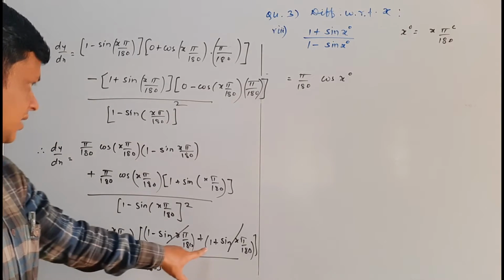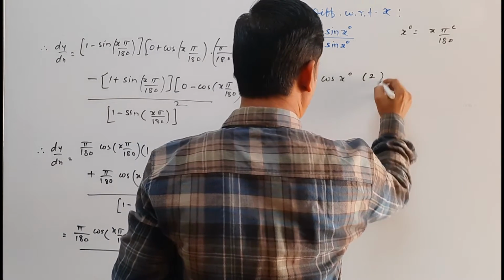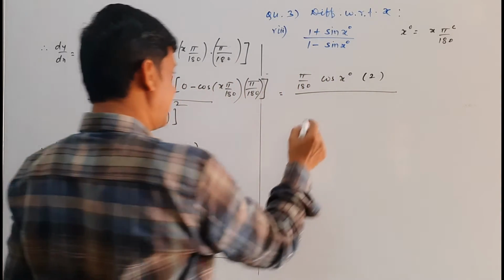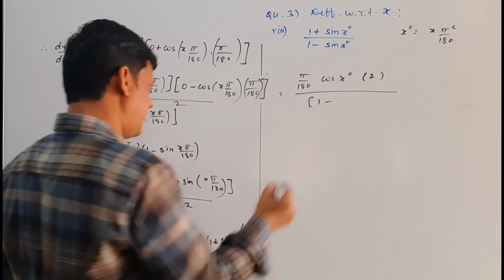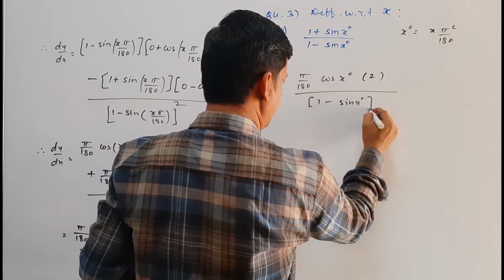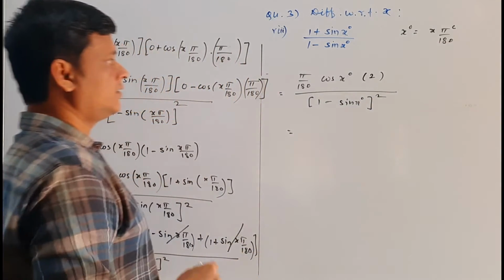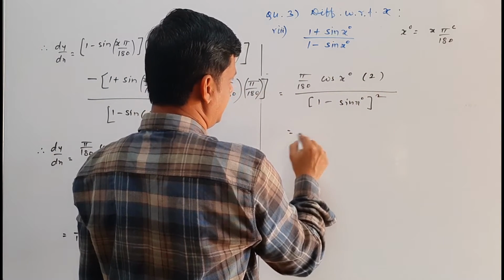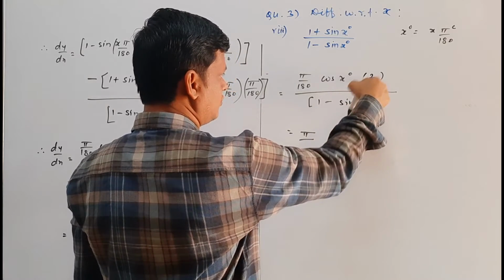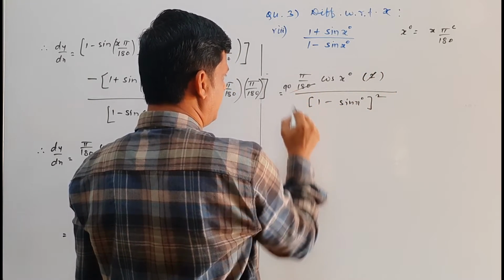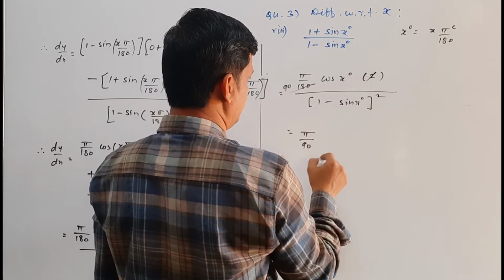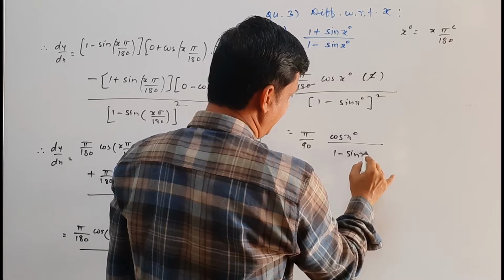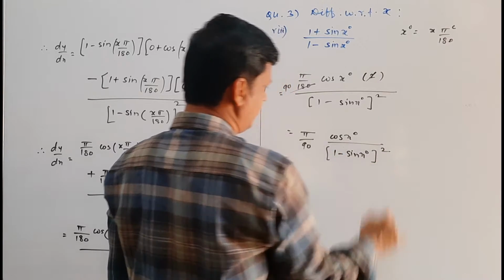So we get here 1 plus 1, 2, in bracket, upon 1 minus sin x degree, its bracket square. So we write this in multiplication. So we write here pi by 90, because when we divide this 180 by 2, we get pi by 90. So we write pi by 90 cos of x degree upon 1 minus sin x degree, its bracket square.